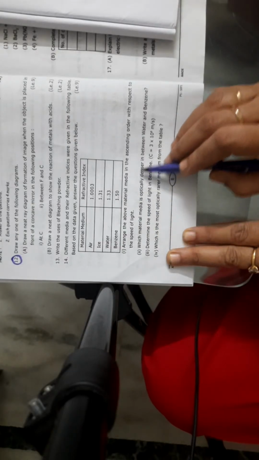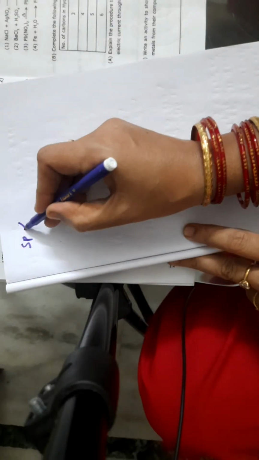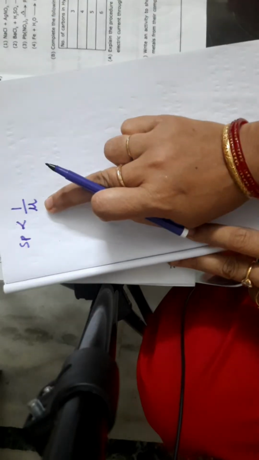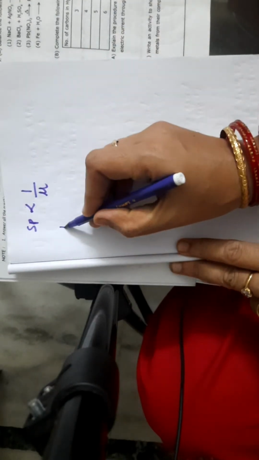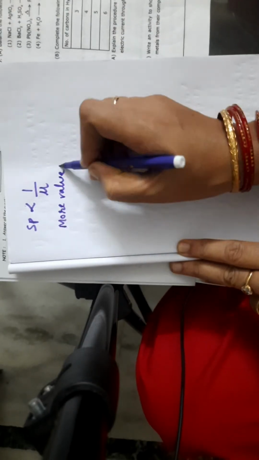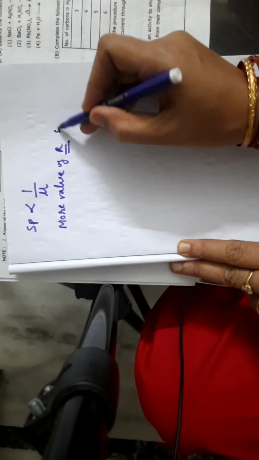Arrange the above materials in ascending order with respect to speed of light. Many students I find get confused. Speed is inversely proportional to refractive index. Refractive index is represented by mu. They are inversely proportional. If the value of refractive index is more, then speed will be less.